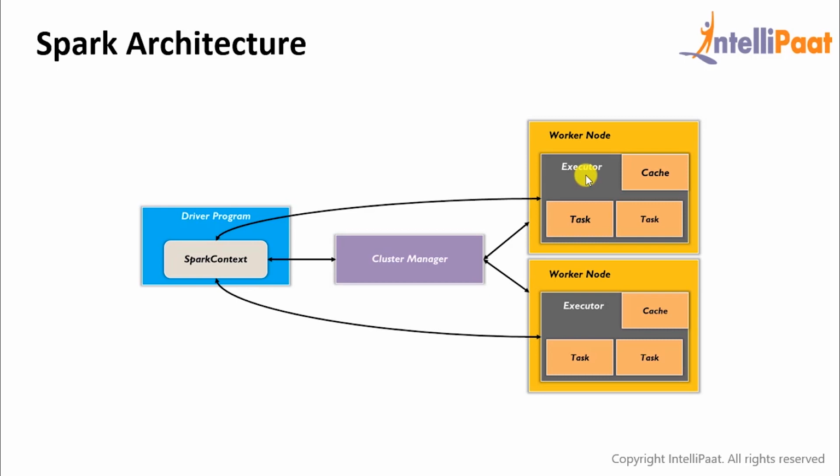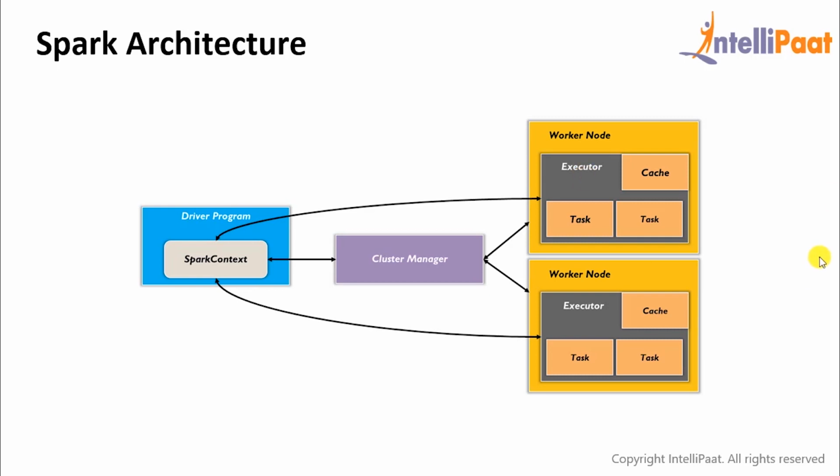So every Spark application has its own executor process, and these executors usually run for the entire lifetime of a Spark application. So in a nutshell, the Spark context takes the job, breaks the job into tasks, and distributes them to the worker nodes. These tasks work on the partitioned RDD, perform operations, collect the results, and return them to the main Spark context.